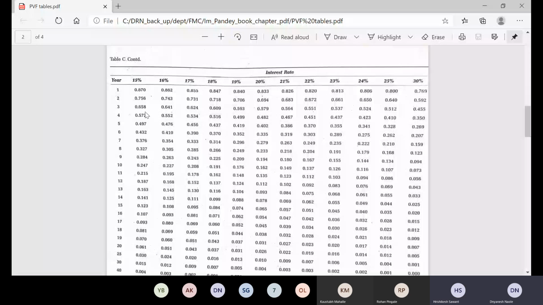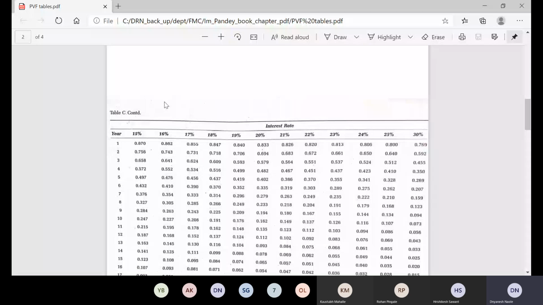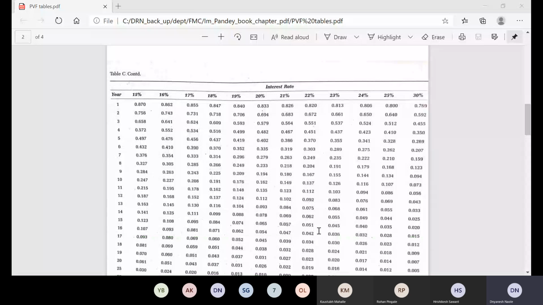Am I audible? Yes, sir. Yeah, so 0.571 is for 15%. Okay, which tables are we looking at? lump sum वाले tables कर रहे हैं हम लोग, annuity नहीं कर रहे हैं. ठीक है, तो 15% आया है यहाँ पे. R equal to 15%. Okay.